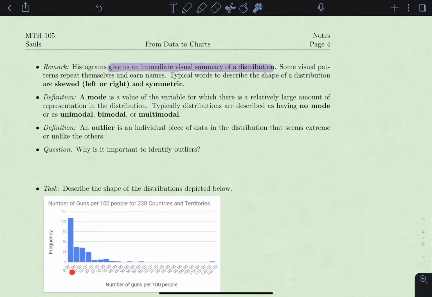Two, they may indicate an error in your data collection. Like they might be an extreme value just because you measured wrong.